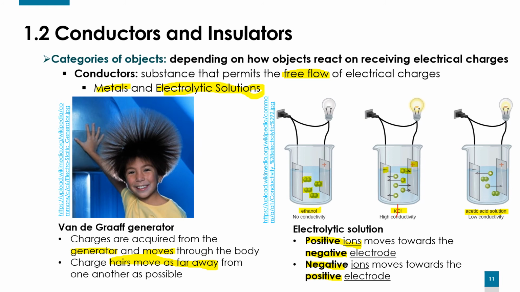In the first one, for ethanol, I didn't create one, so it didn't turn on. But here, the flow of charge creates a current. For the acetic acid solution, it happens just a little bit because not all the molecules are dissociated. Some molecules stay the same, they don't create ions, they don't create charge. So just a few ions are moving, the positive to the negative and the negative towards the positive. So these are good examples of conductors. They are conducting electricity.